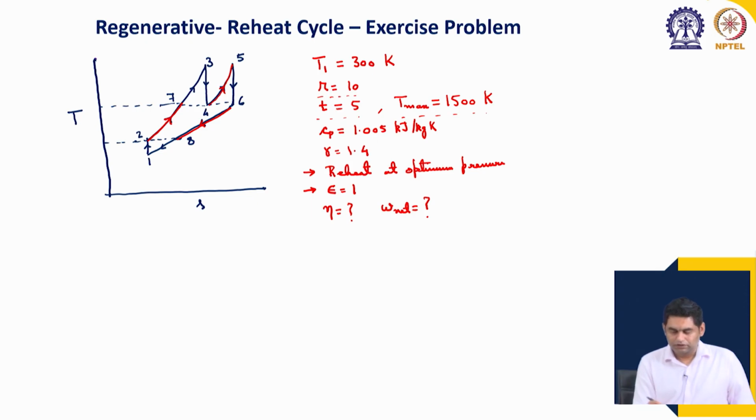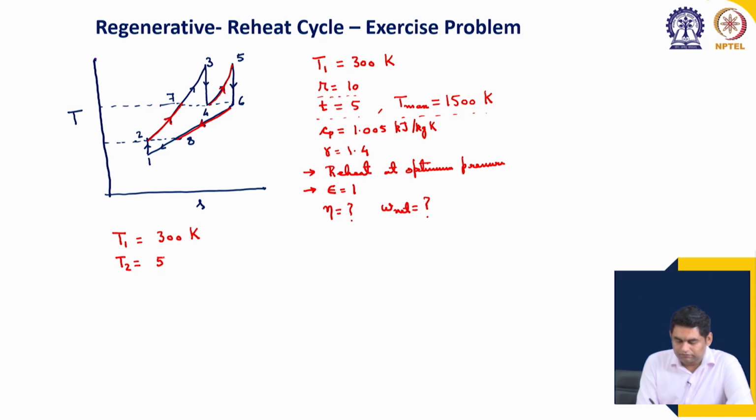So, now because most of the calculation is similar to the previous cases, I will just quickly write down the values and you can note from the previous example. We already know the value of T 1, T 1 is 300 Kelvin. From the compressor pressure ratio, we will get the value of T 2, it will be exactly same as all the previous cases.